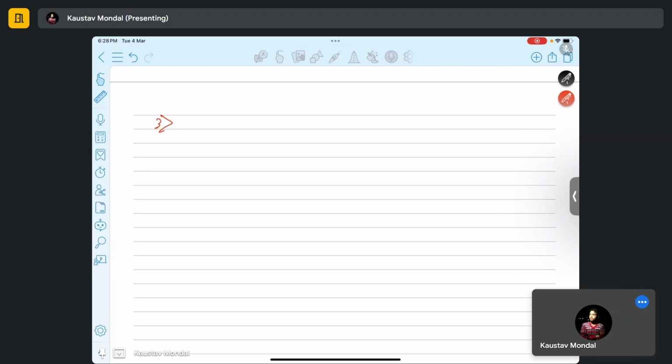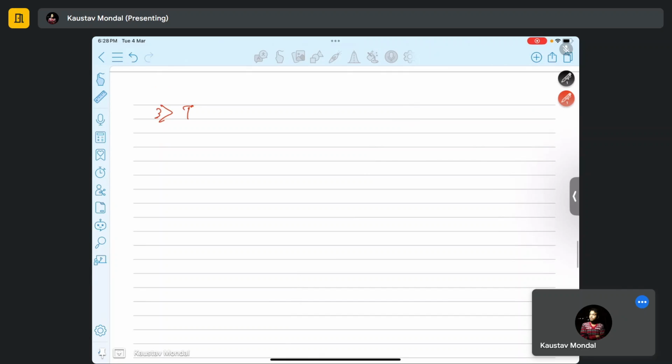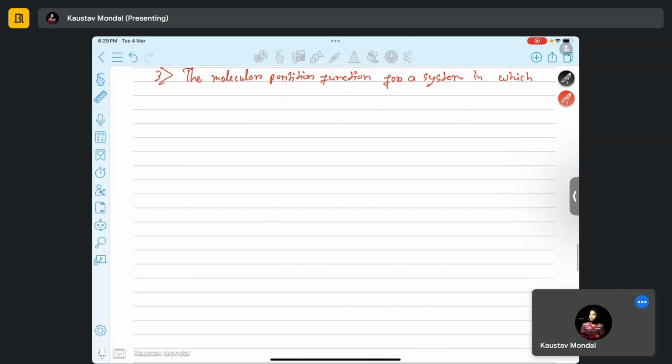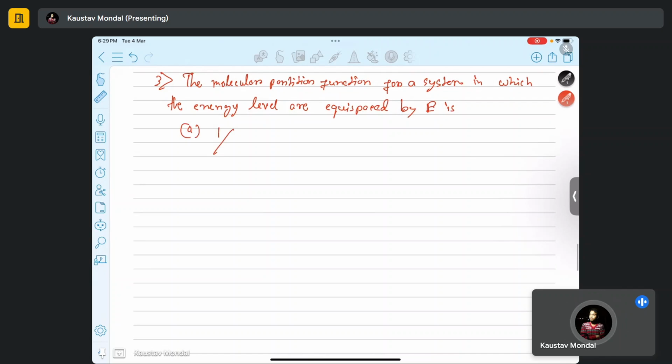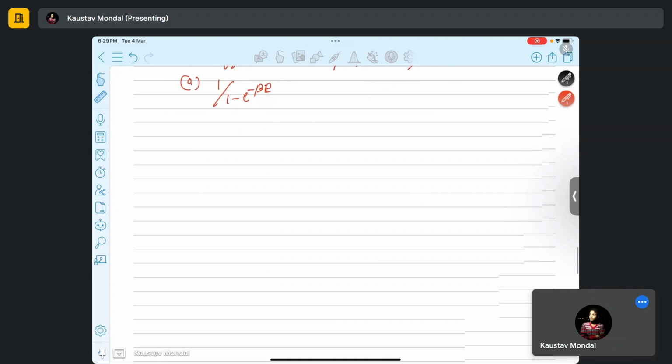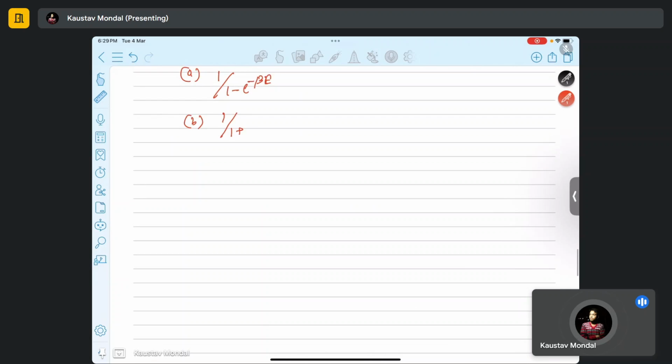So now problem 3. The molecular partition function for a system in which the energy levels are equispaced by E is, so all the options are: option A, 1 by 1 minus e to the power minus beta E. Option B, 1 by 1 plus e to the power minus beta E. Sorry, the option 1 was plus, this was plus.